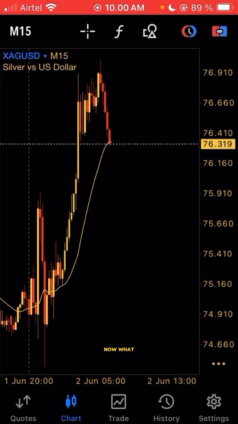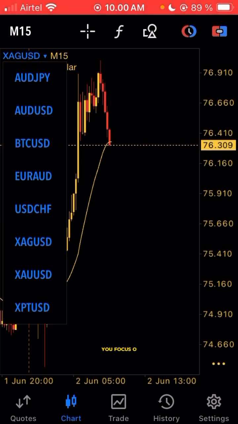Now what you're gonna do is, first of all, get the pairs. The pairs that you're gonna focus on: you focus on EUR/USD, you focus on USD/CHF, you focus on AUD/USD. You can use more pairs though, right?